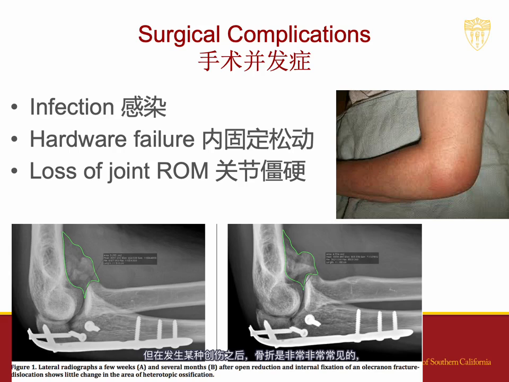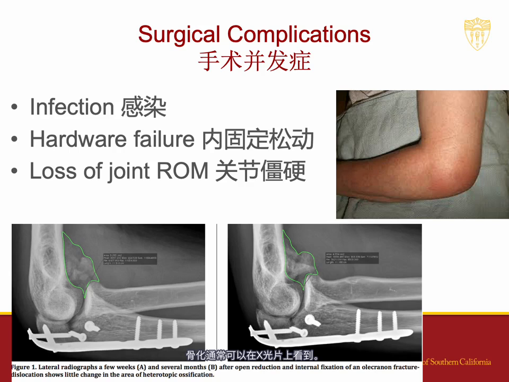But basically what happens is after some sort of trauma, fractures, it's very common, but also things like burns and other types of trauma to the elbow, when we go through that inflammatory process, the body decides we're going to start developing more bone, more ossification of the soft tissue around the elbow.